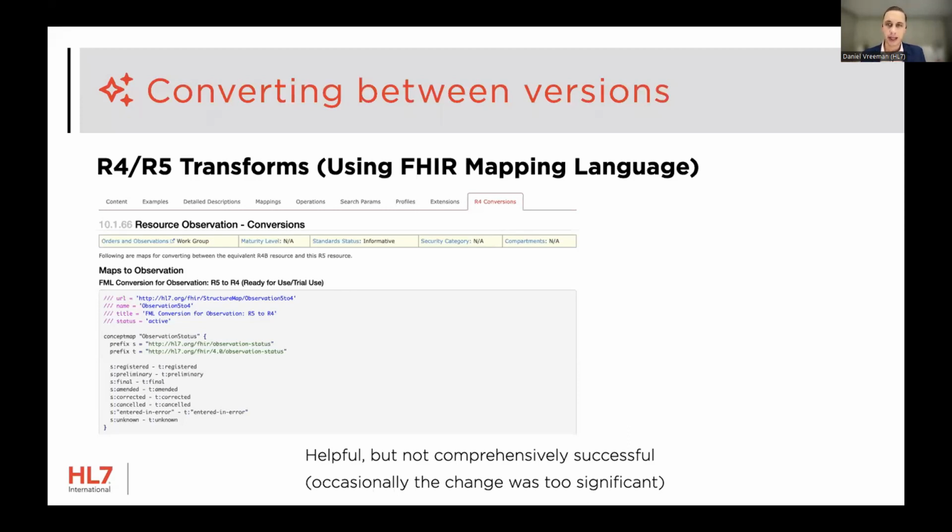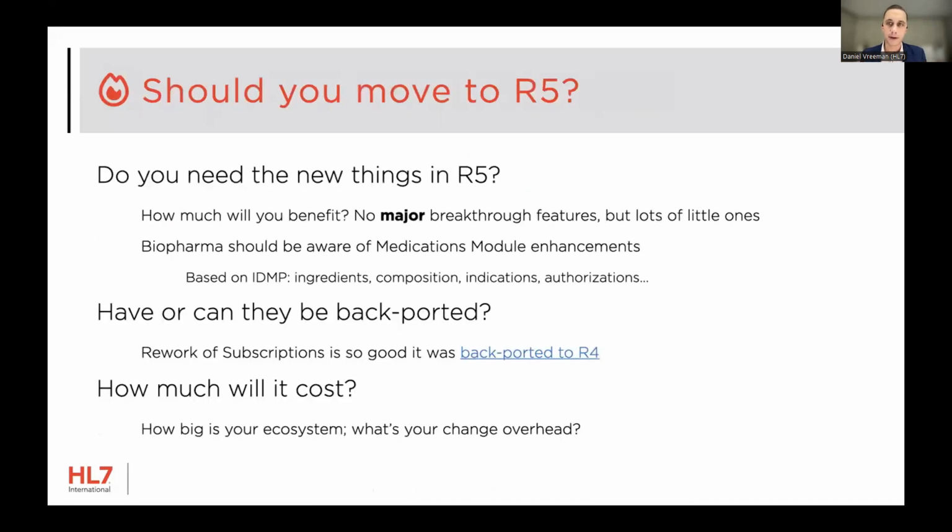This is extremely helpful. It's not comprehensively successful because there are times when the change between, say, R4 to R5 did introduce things that were too significant for this mapping to work out 100% automatically. And that happens more so in releases that are non-normative.